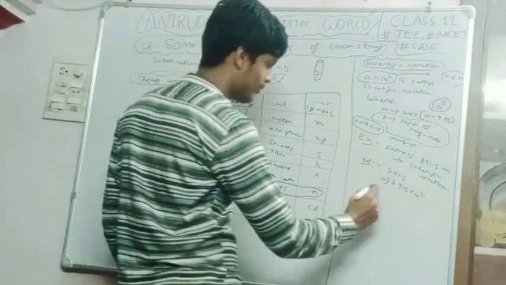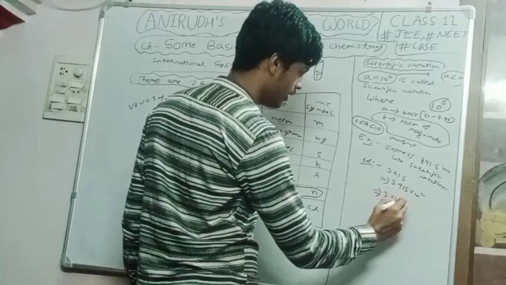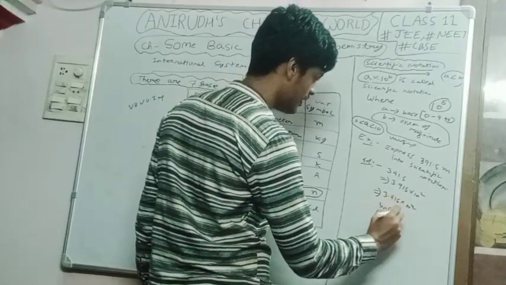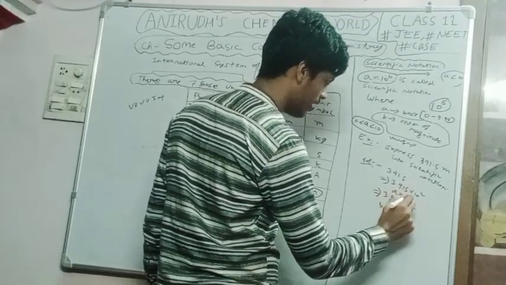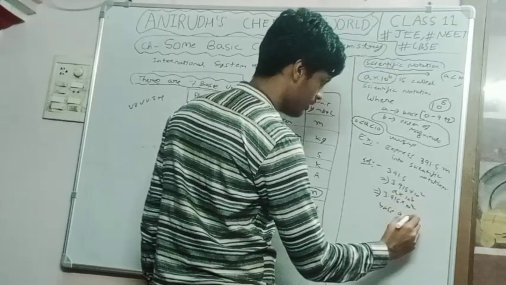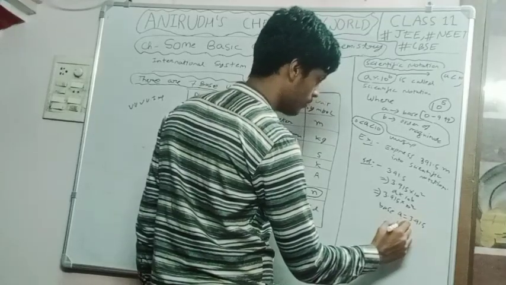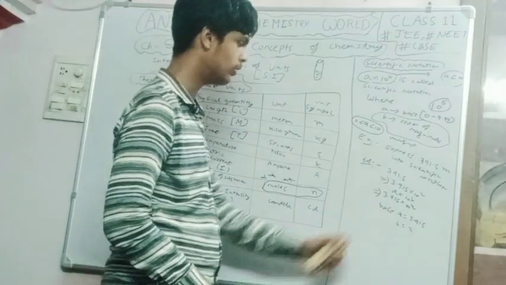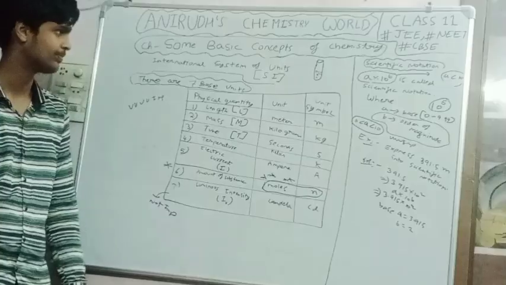So this is 3.915 into 10 to the power of 2. If you compare this with A into 10 to the power of B, A is 3.915 and B is 2. You need to understand this. Take a screenshot.